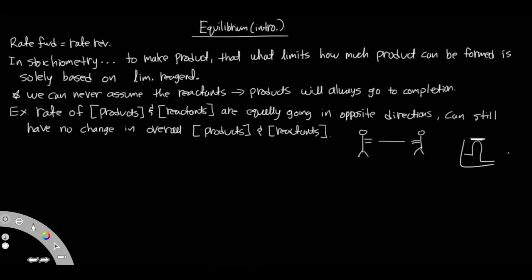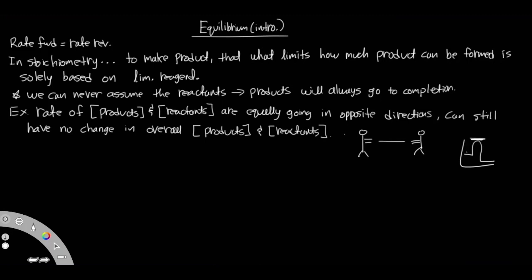It's going to go backwards as well, because you've created the products. You've hit that point of no return where these products that you've made are always going to play tug of war now, just like these people. It's going to go in this direction and it's going to go in this direction, and it's always going to be the same amount of concentration. It's just going to stay constant.